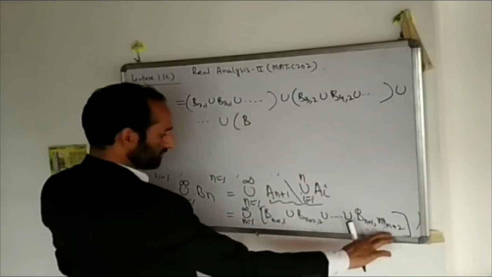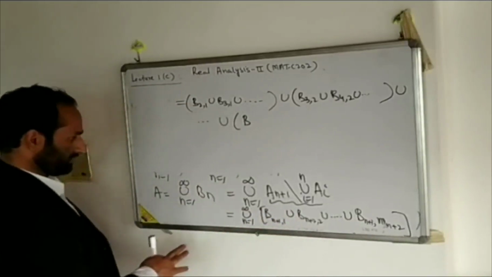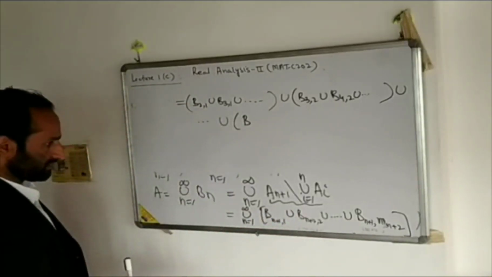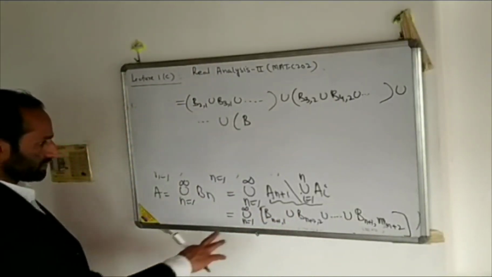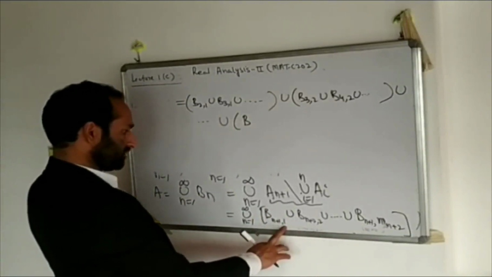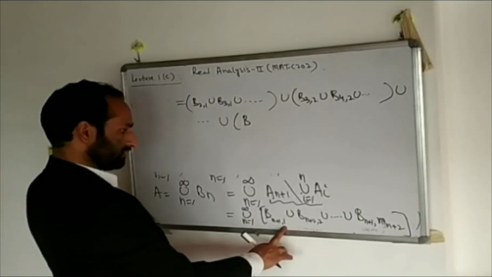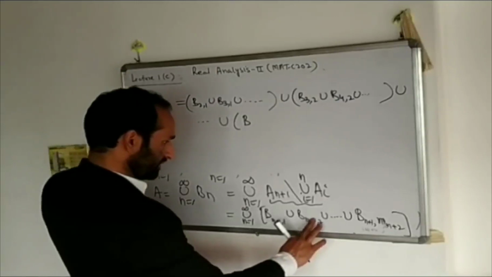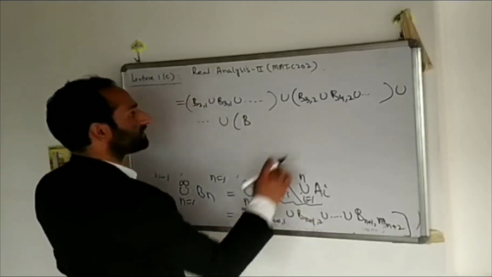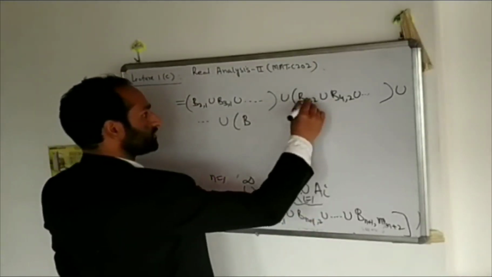n is 1 plus 2 is 3. Here again, it's B(n+1), it's everywhere, this is n plus 1 here, it's just 2 here, B(2,2).